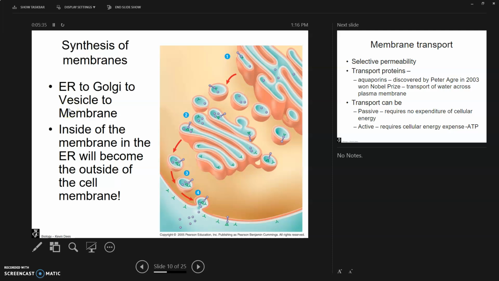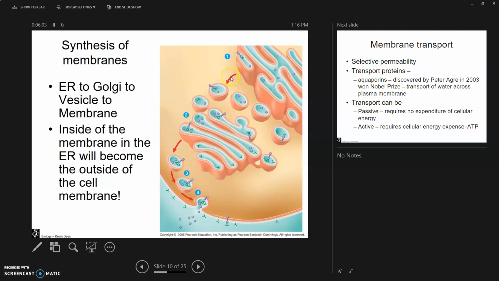Now, where do these proteins come from? Well, just to remind you, the proteins are built at the ribosomes, and many of these ribosomes occur on the rough endoplasmic reticulum. So if we take a look at this particular figure, we can see this protein that's being built here in the rough ER, and it has this little field goal glycoprotein on it. Remember that this protein may be processed not in the rough ER, but in the Golgi complex.